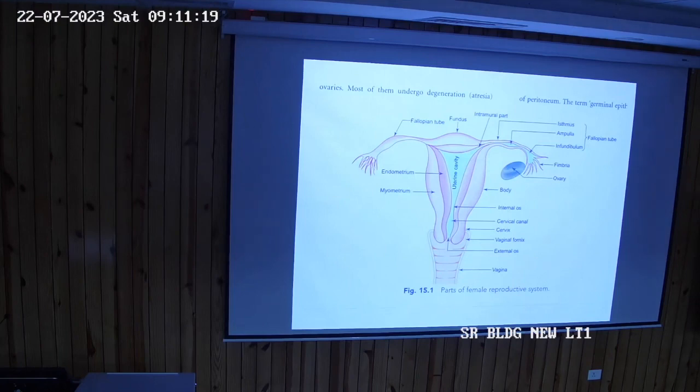In short, a pair of ovaries are present on the posterolateral aspect of the broad ligament of the uterus. The broad ligament is attached above to the fallopian tube, laterally to the side of the uterus, and like this, flat.